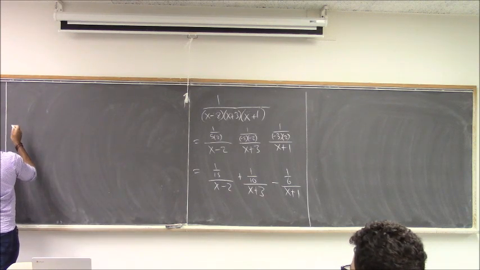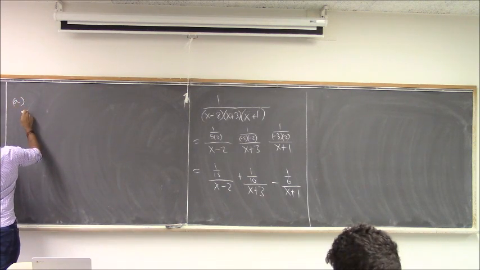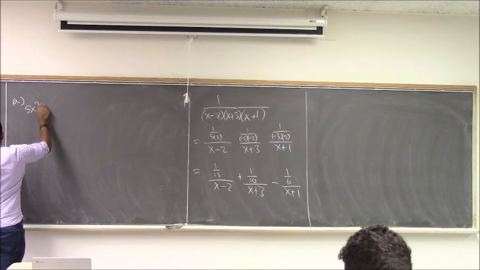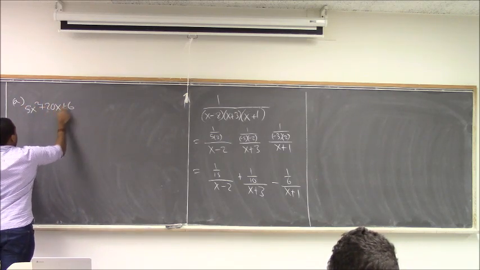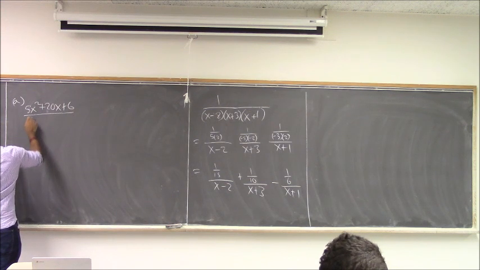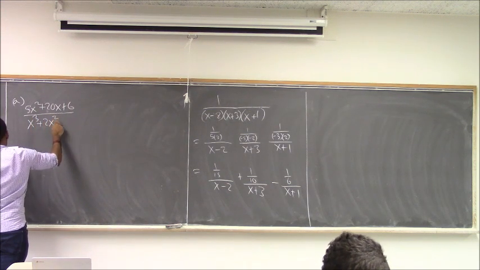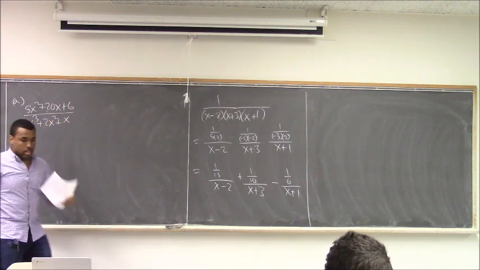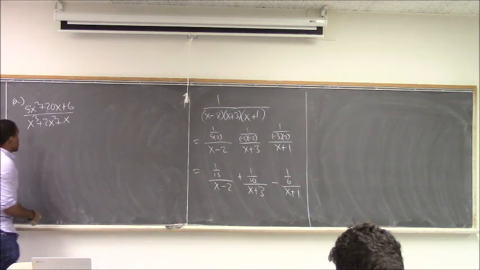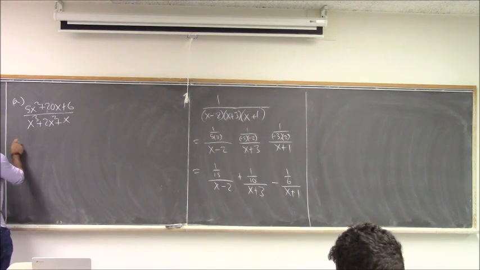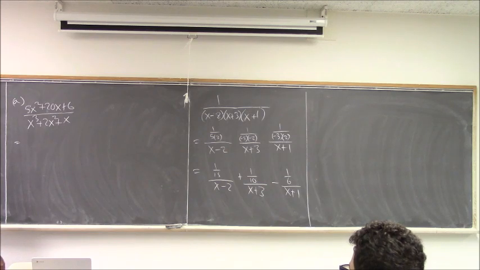So we had 5x squared plus 20x plus 6 over x cubed plus 2x squared plus x. Someone tell me how to do that one. First thing, what did you have to check?